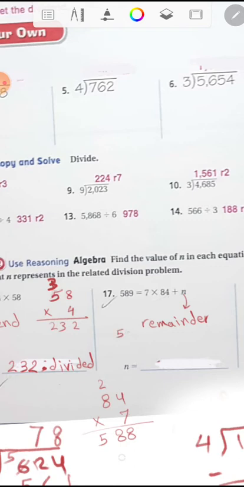So the equation will be 589 equals 588 plus n. So which number will I add to 588? It will be 1. So you will add 1 to this number, it will be 589. So that means n equals 1 and n is the remainder.